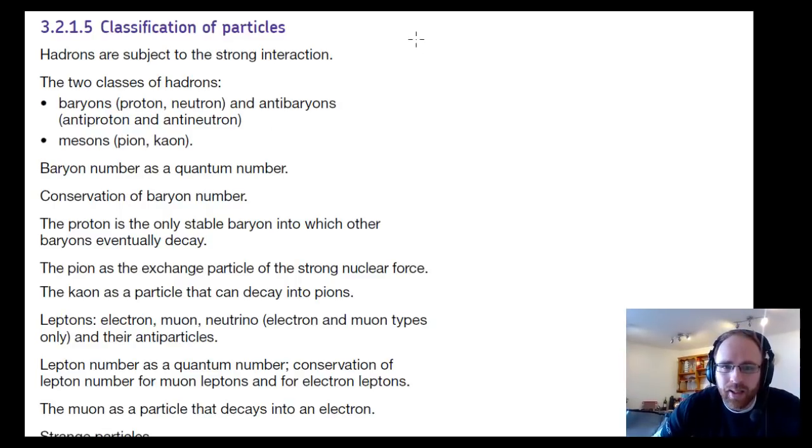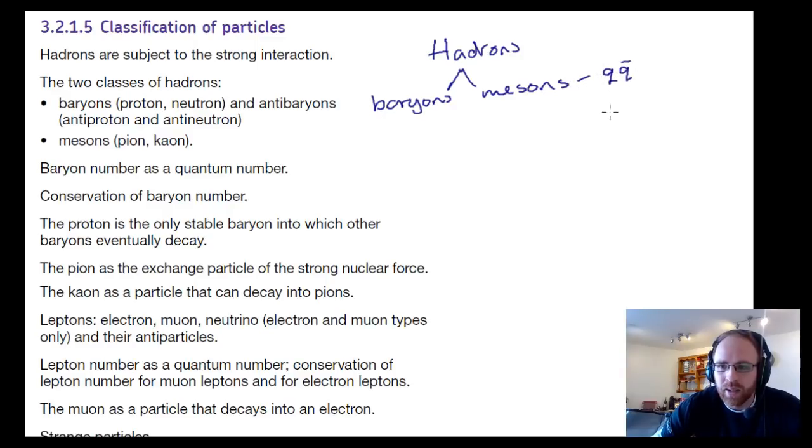We have hadrons, which are subject to the strong force or the strong interaction. Two kinds of hadrons, baryons and mesons. Mesons are a quark-antiquark pair, and the baryons are either quark, quark, quark, or antiquark, antiquark, antiquark.